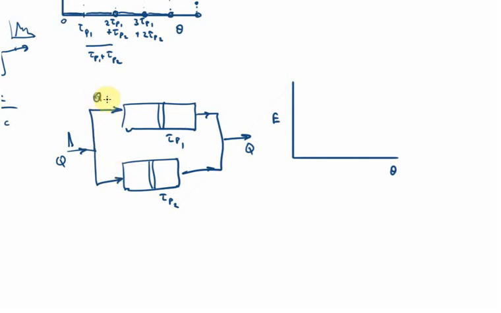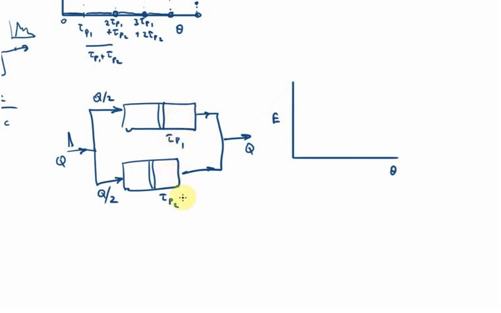So we've got Q over 2 here and Q over 2 there, but these volumes are different. So as I've drawn it, perhaps this is a bigger plug flow than this one. So this is going to have a larger residence time than this one.